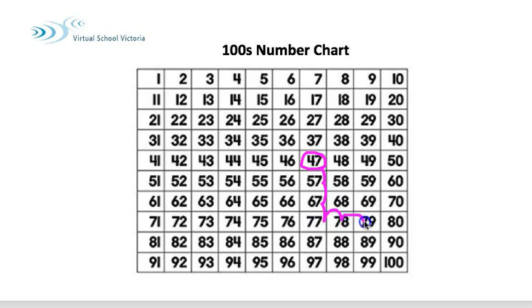I calculated it as 80, and when I checked it on the number chart, it ended up at 80. So I've added 30 then 3. That's how I did that one.